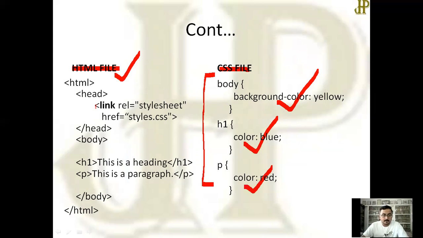Here you have to use link. In link, I have given the relation. What is the relation? That is known as style sheet. It is a style sheet. And now I have given the reference, styles.css. This file is named styles.css. And now I have used H1 and P and also a body.